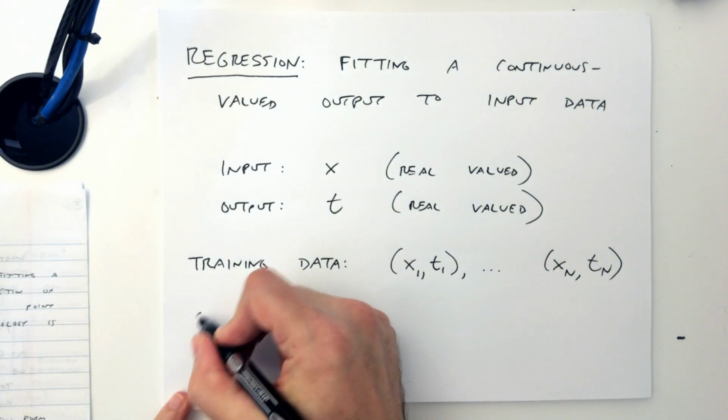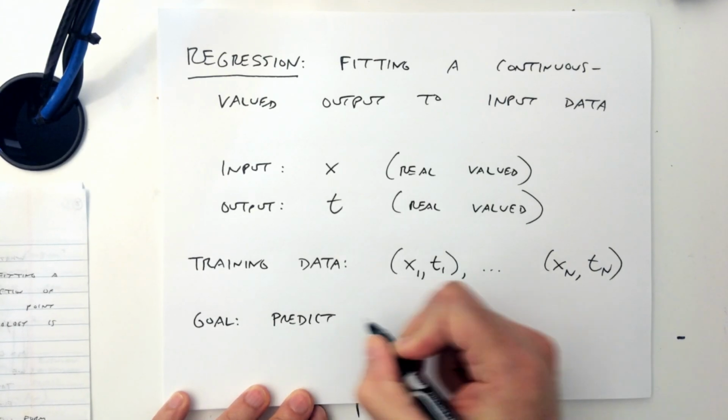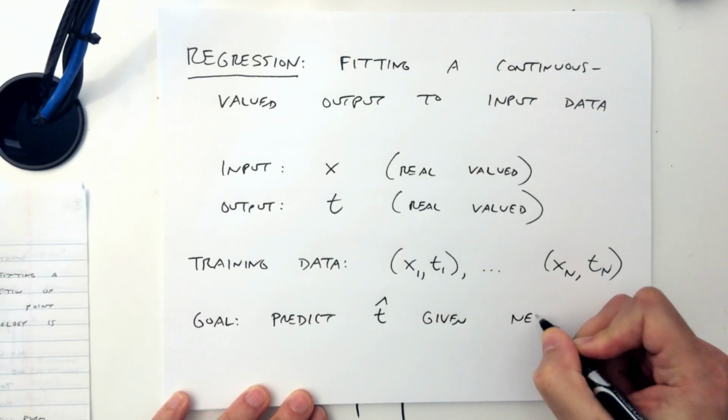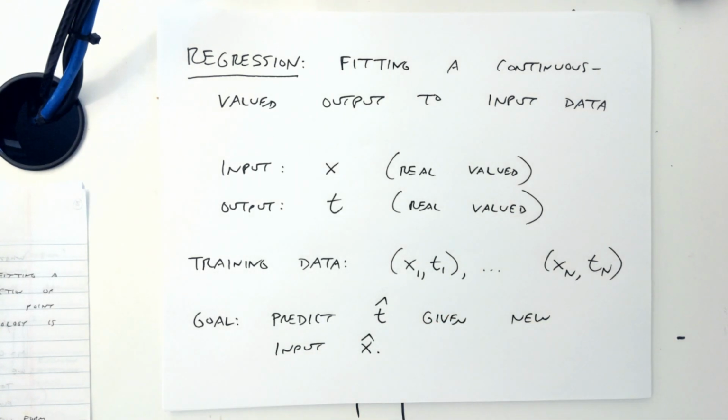So the goal is to predict t hat given a new input x hat. We mentioned earlier that the goal of this training process is to design something that generalizes from the data.